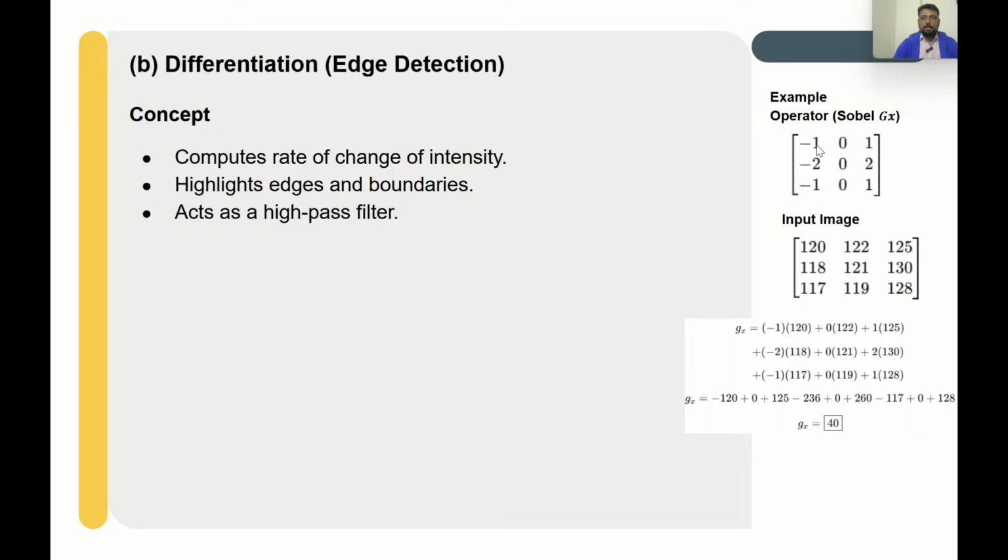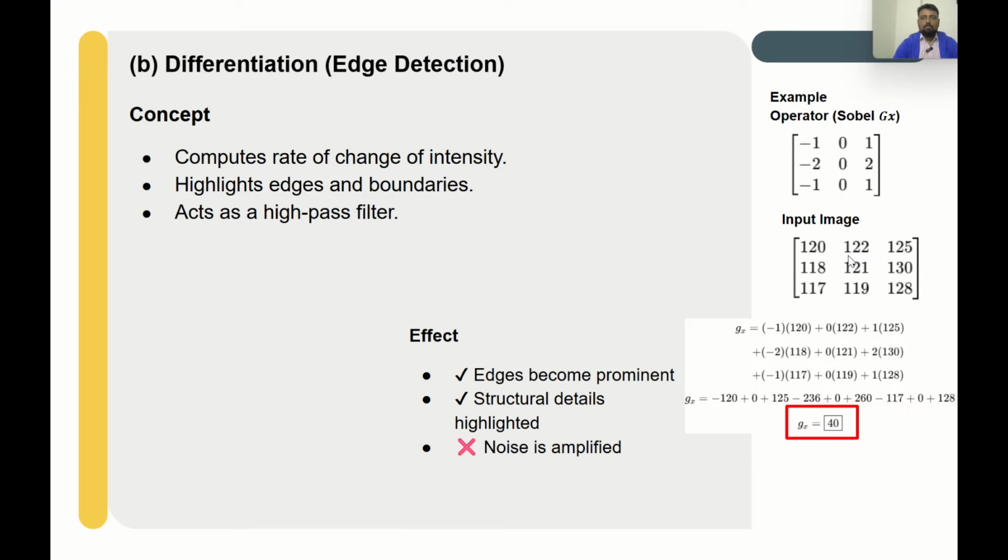Let's apply this. -1 will be multiplied with 120, 0 with 122, 1 with 125, -2 with 118, and 0 with 120. Corresponding values are multiplied and added, and ultimately you get the value 40. So now you see 121 became 40, right?